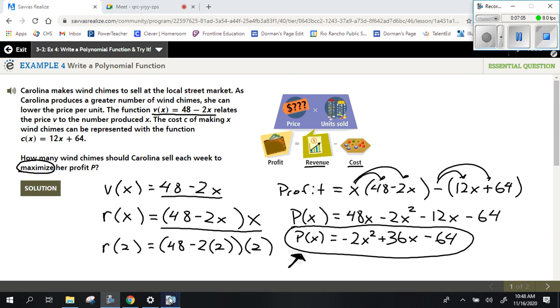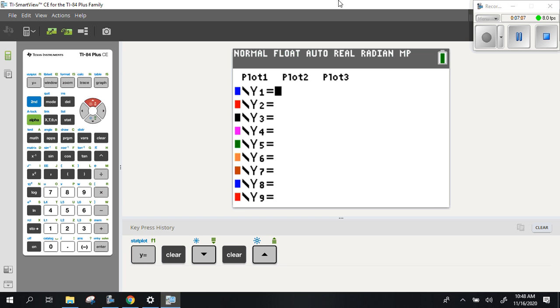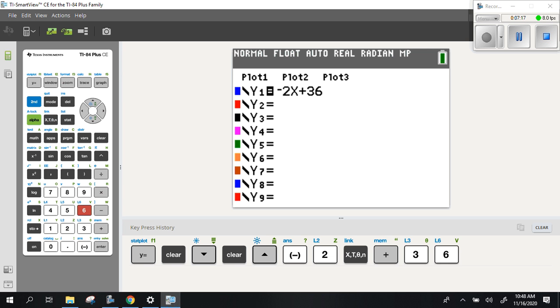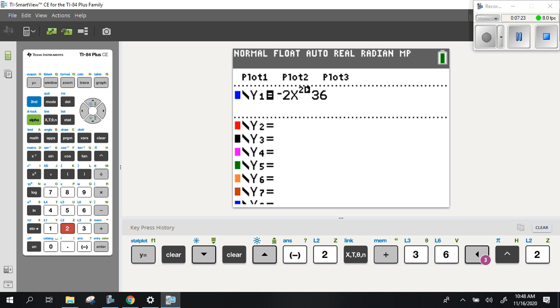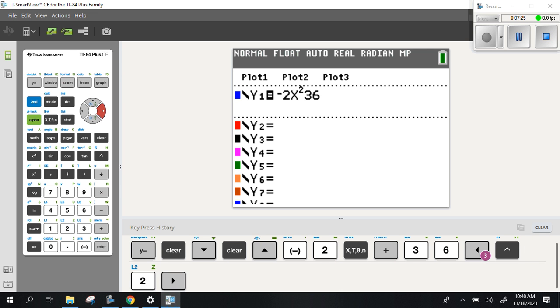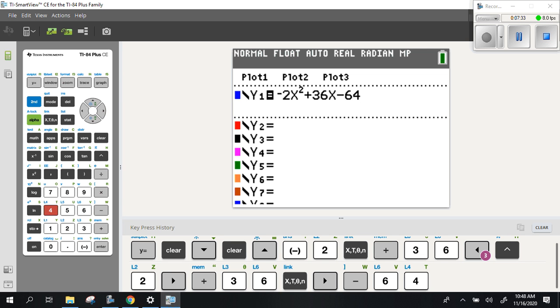All right, and there's mine. Let's go ahead and graph our function for profit that we came up with, negative 2x, sorry, and that should be 2x squared, shouldn't it? There we go. And that should be plus 36x minus 64. Let's graph that thing.